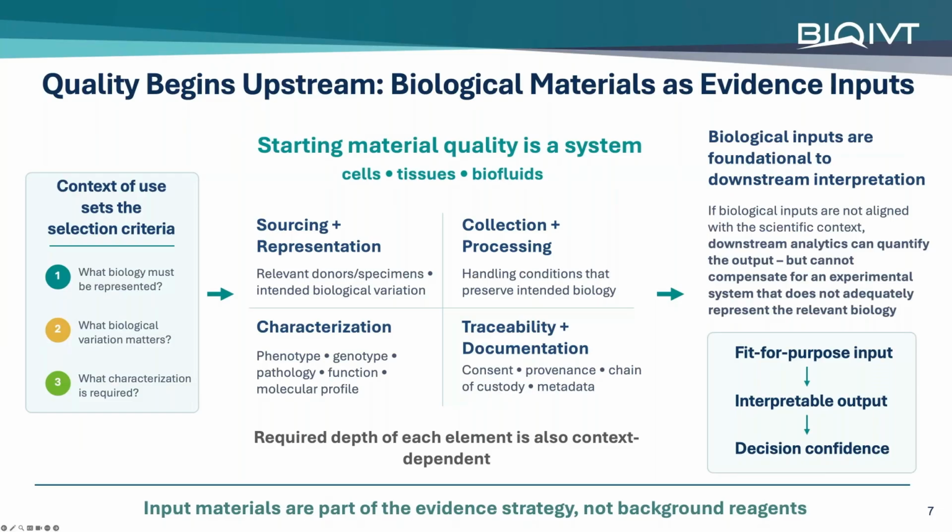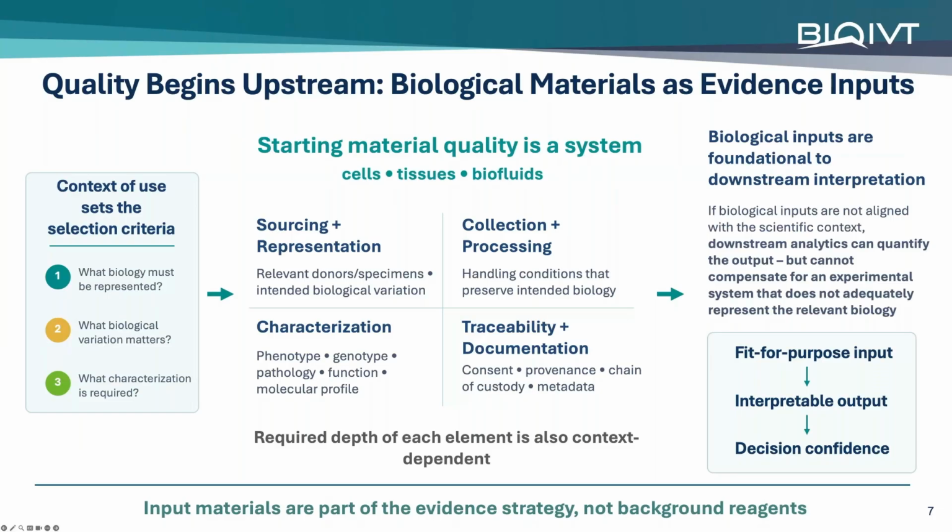The relevant question is whether those differences matter for the intended use of the model. If we're trying to isolate a specific mechanism, we may deliberately control the biological background as tightly as possible. If instead we're trying to determine whether a finding generalizes across the patient population, then including biological diversity becomes essential. Those are very different study designs.